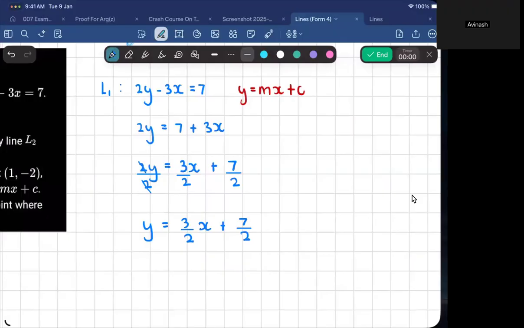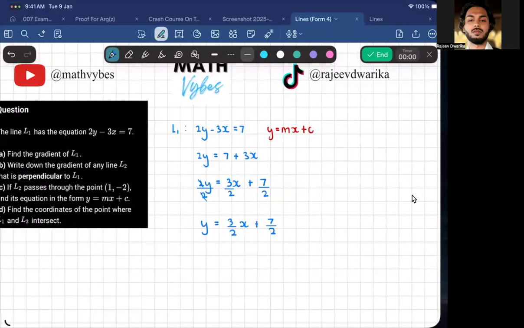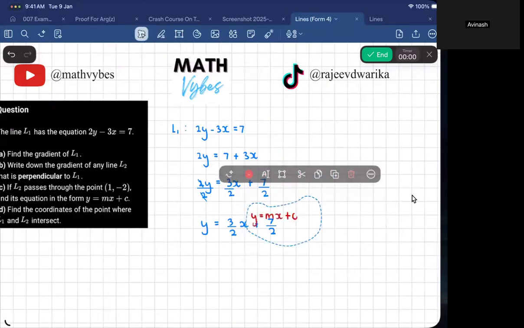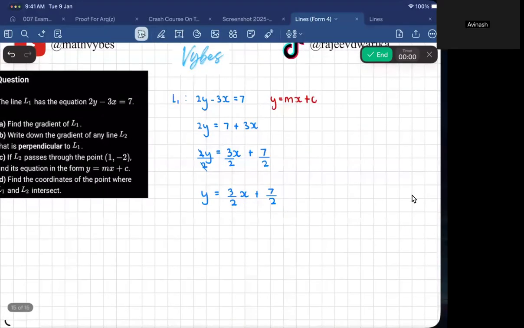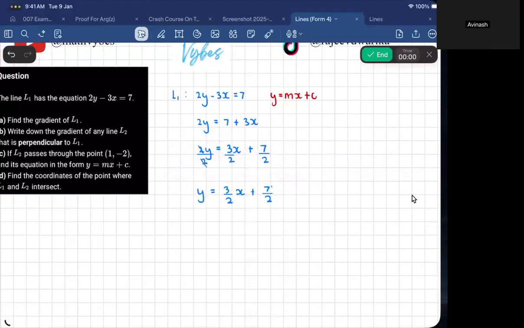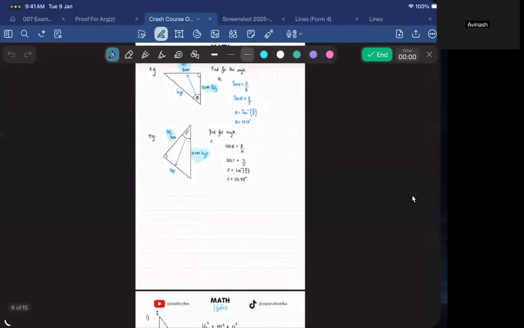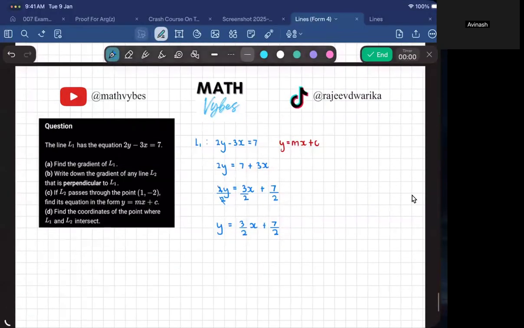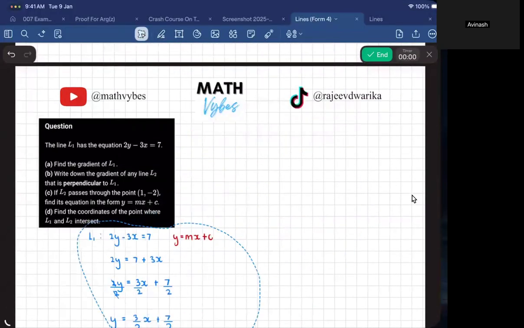Okay, 7 over 2. You got that? Yes, I had that. I thought I didn't get it. What made you think it was wrong though? I don't know, sir. I just feel like I was overthinking it a bit. That's my main problem when it comes to some subjects. Like this morning in physics, we were doing distance by force, and I just kept overthinking my answer, even though it was correct.